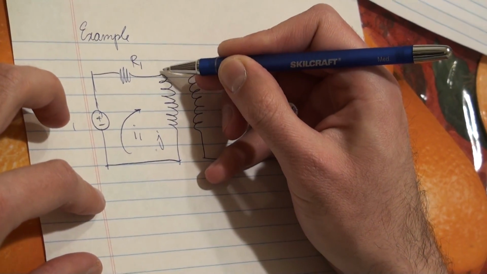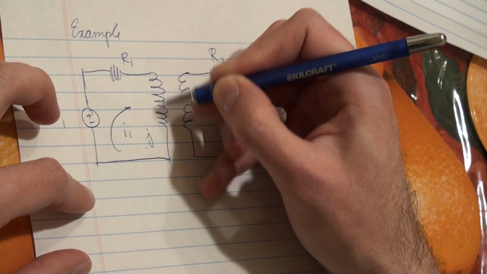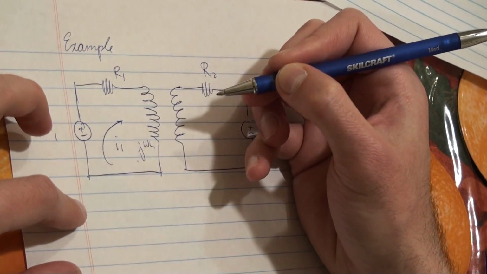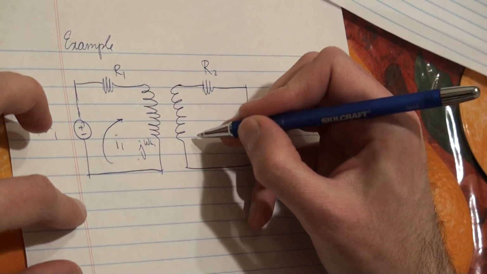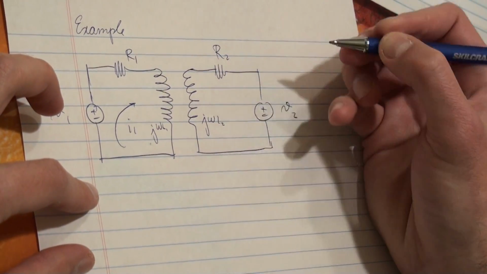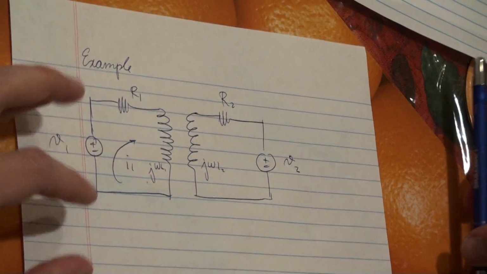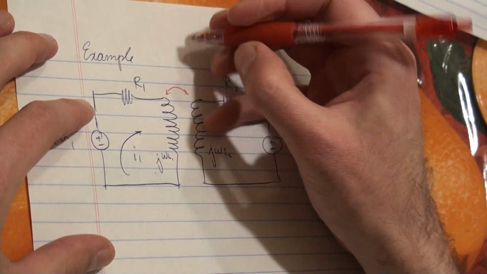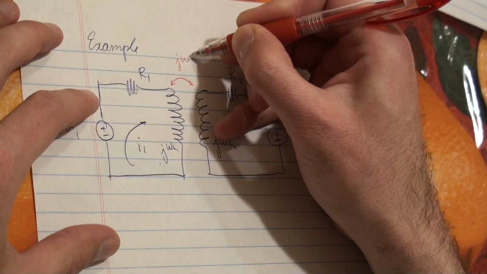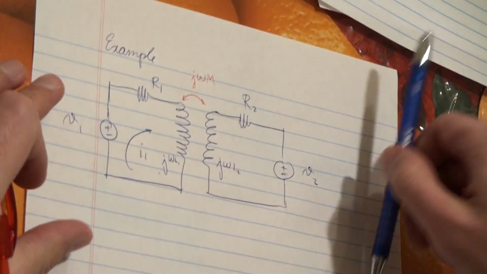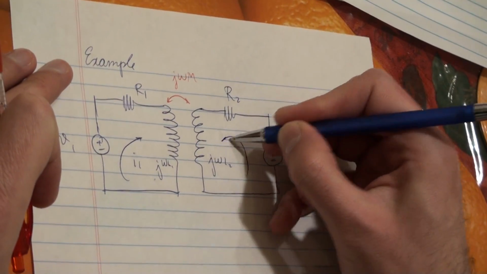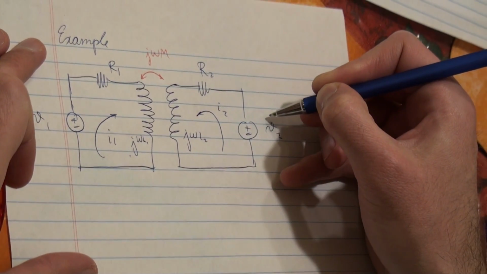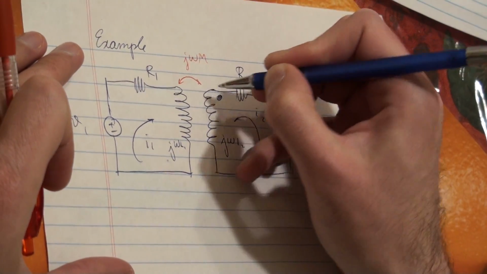The impedance of this inductor is jωL1. Impedance of this inductor is jωL2. Now, there is a mutual inductance, and that impedance would be jωM. This is current I2, and the dots are as such.